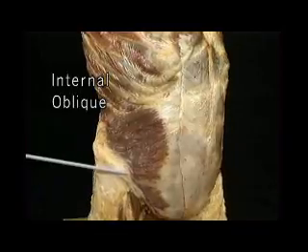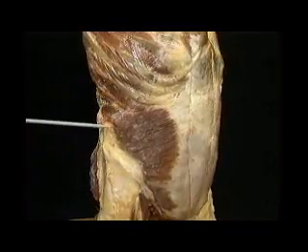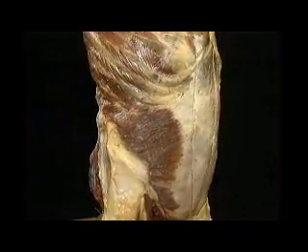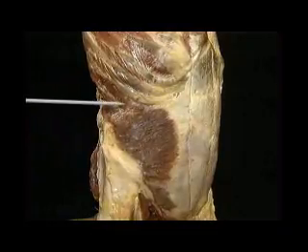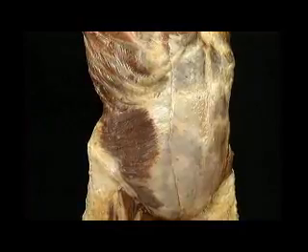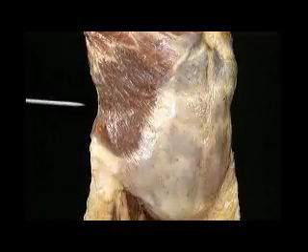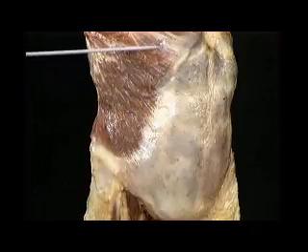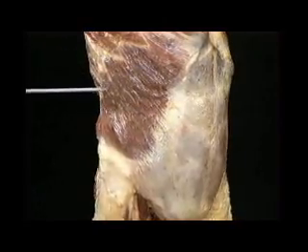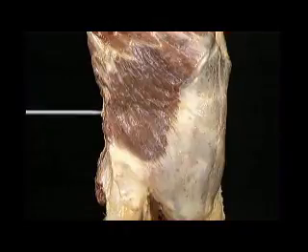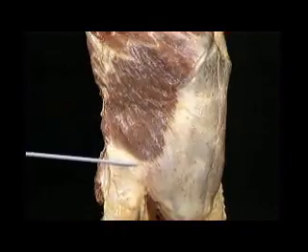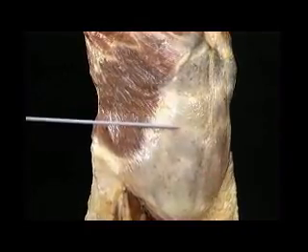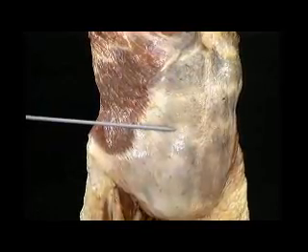Its fibers arise from the iliac crest and fan out in many directions, the highest ones inserting on the lowest 3 ribs. Outside the internal oblique is the external oblique. It arises from the lower 7 ribs and inserts partly on the iliac crest, partly into this broad tendinous sheet, the external oblique aponeurosis.